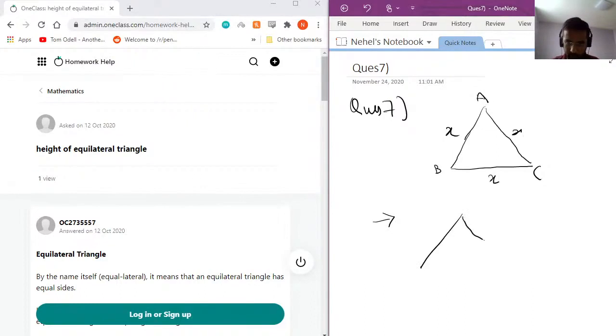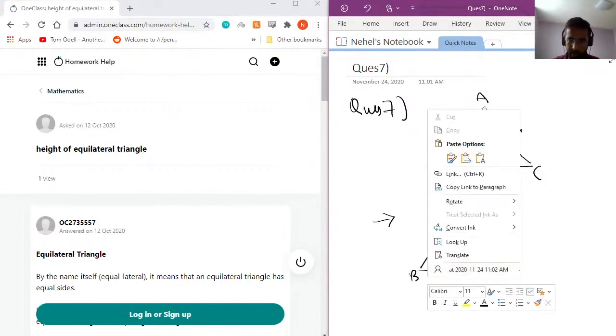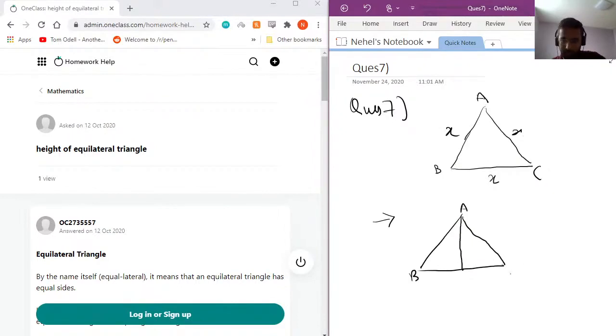If I were to draw this triangle again, and draw the height, which is from the top to the base, let's call these points A, B, and C, and this new point is D. This length is X, this length is X. The way the height of an equilateral triangle works is that at the intersection point D, it splits the line BC into two equal halves.